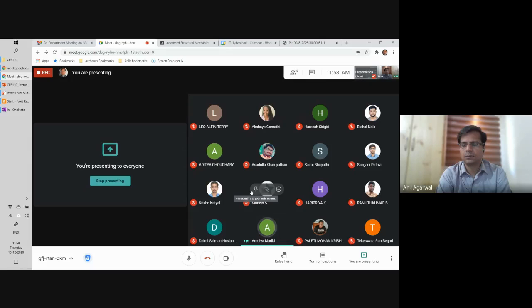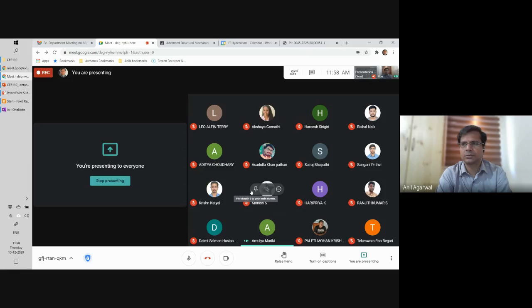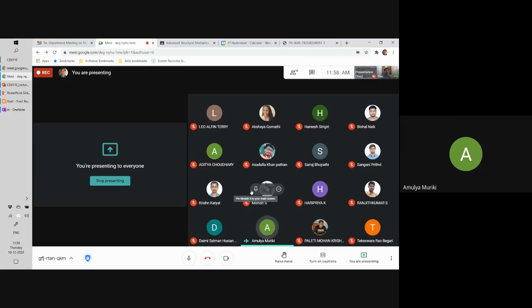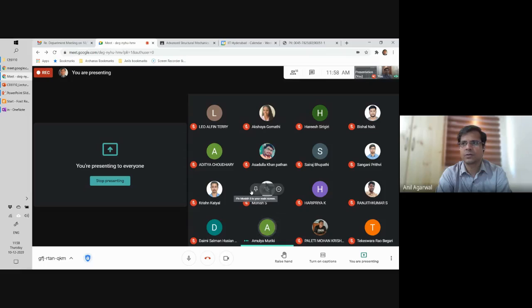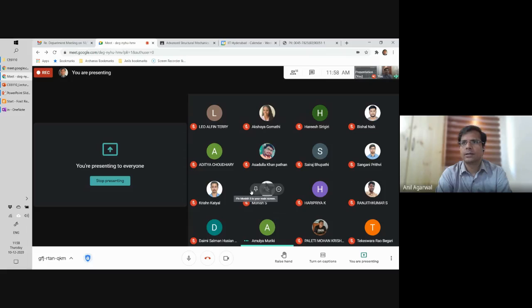And then again we have to calculate the deflections. How do you calculate the deflection? Force by stiffness. Which force? Unbalanced force from the previous iteration, sir. Yes. So that is the new deflection that you add to the previous deflection. That is your total deflection after the first and second iteration.